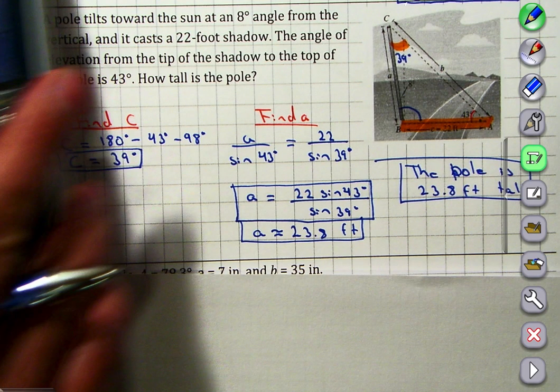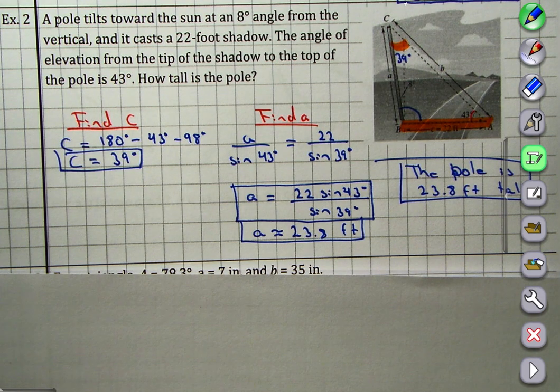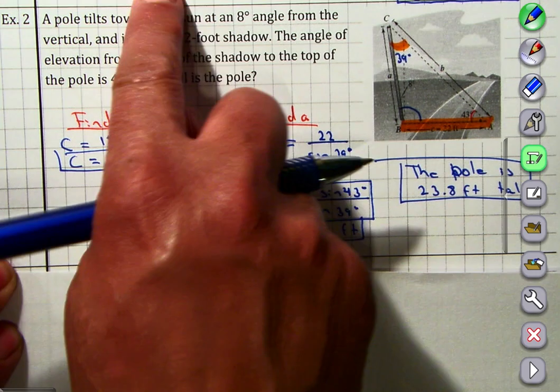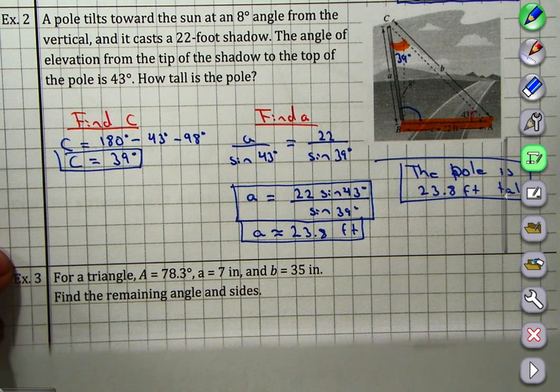So therefore, the law of sines will allow us to be able to find the angle or the side of a triangle. Notice that right now the only thing that we find is the actual sides.